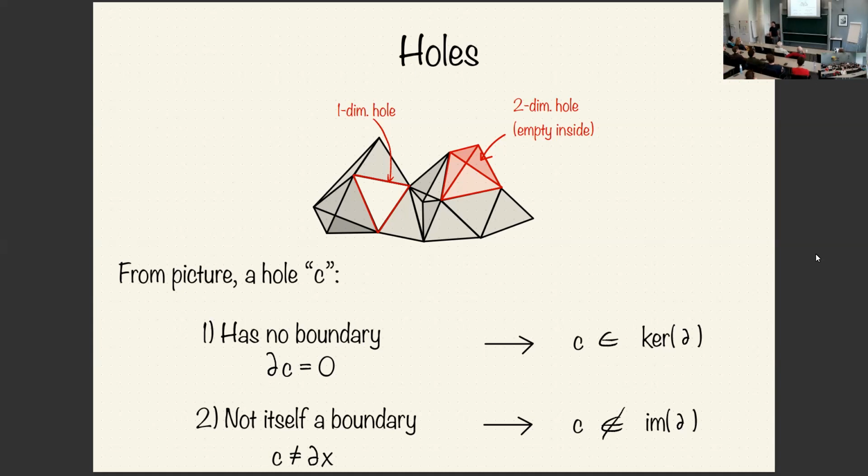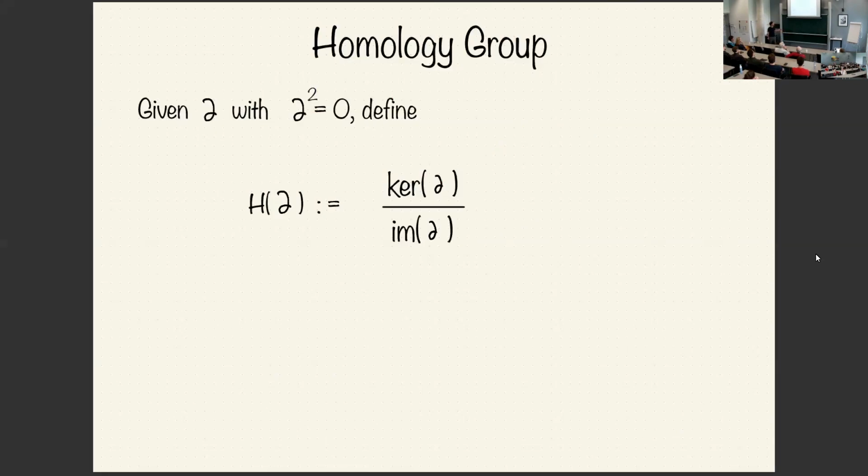And del squared is 0 on complexes also. On complexes? What do you mean? Like when you act with del squared on that complex that you brought together. Well, you don't act on the complex, you act on the simplices. Yes. Okay, I'll formalize this a little more soon.